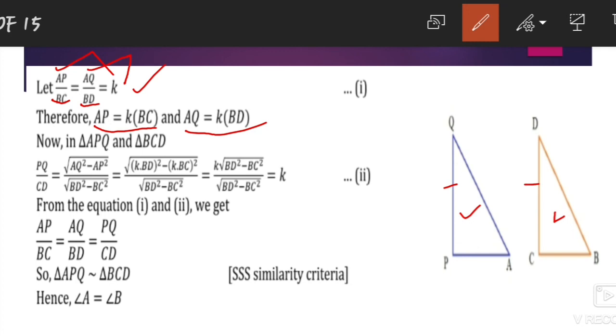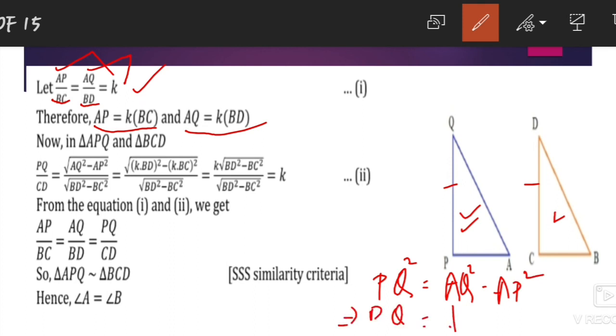This is a right angle triangle. So from the first diagram, you can say that PQ square is equal to AQ square minus AP square by Pythagoras theorem, or PQ is equal to root under AQ square minus AP square. So in place of PQ I am writing this expression.